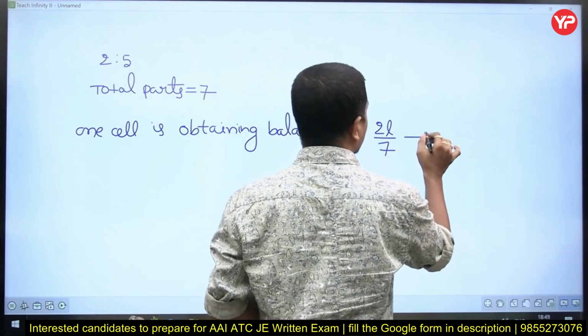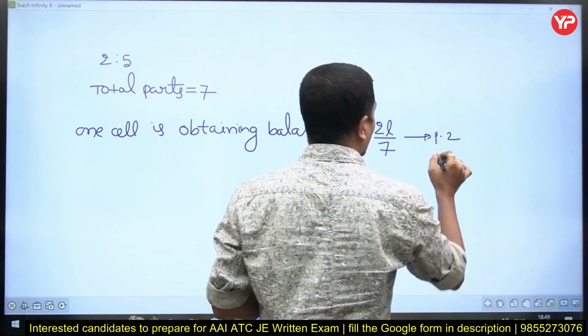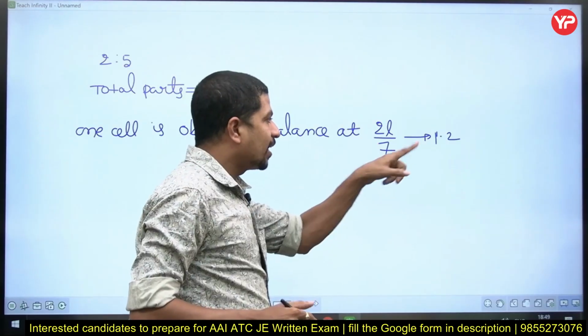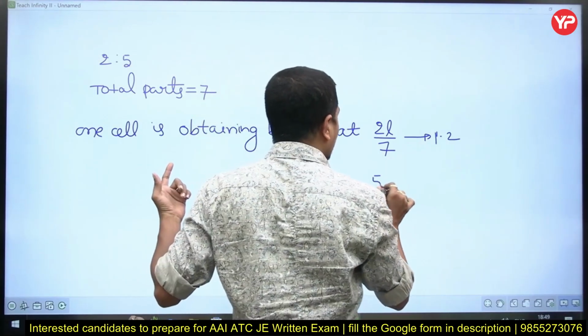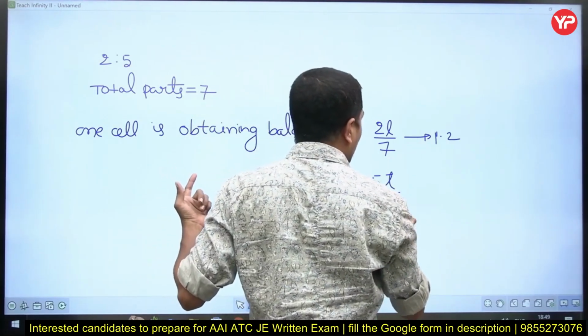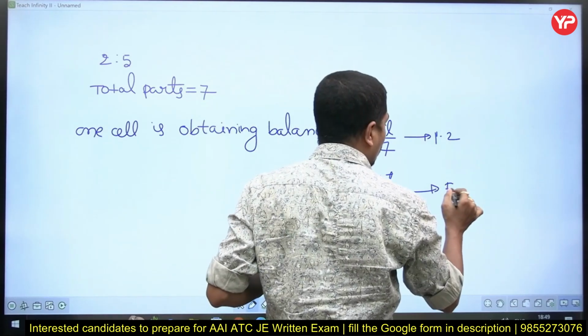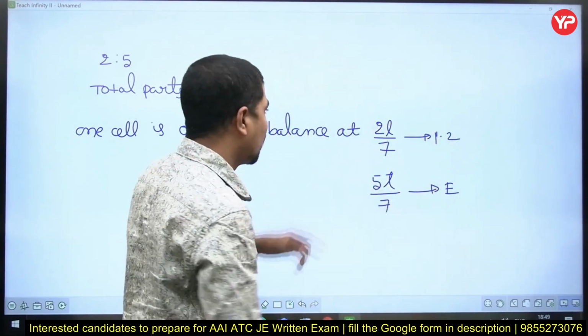That voltage is 1.2 volts. For 2L/7 it is 1.2. What is remaining? 5L/7. How much is the voltage? We don't know.